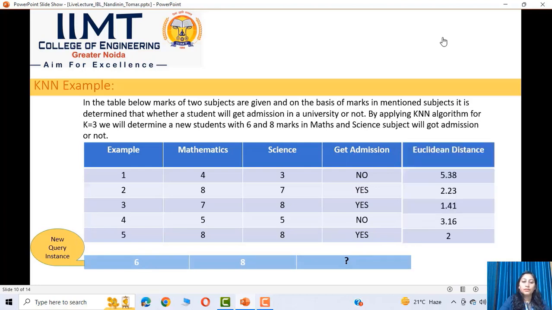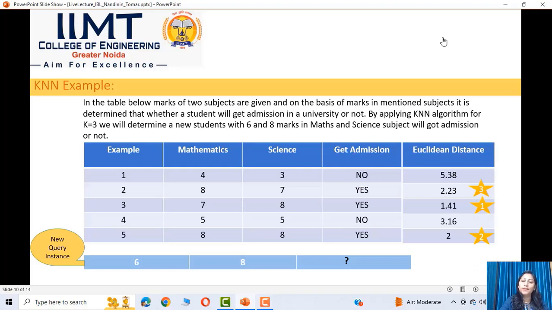First, we'll calculate the Euclidean distance by using the formula I mentioned earlier in the previous slide. So we have calculated the Euclidean distance. Then we rank them. First is 1.41, second is with the distance 2, and third is with the distance 2.23.